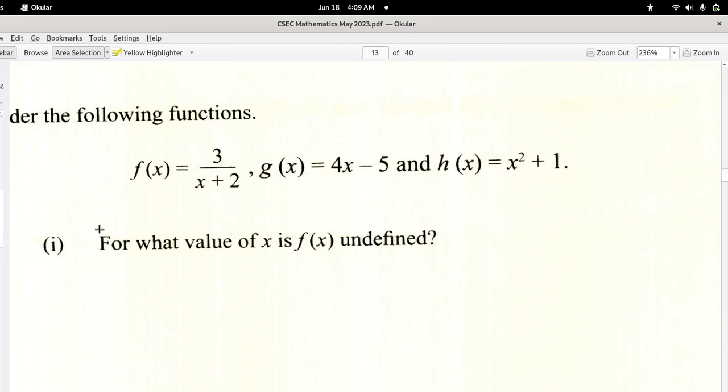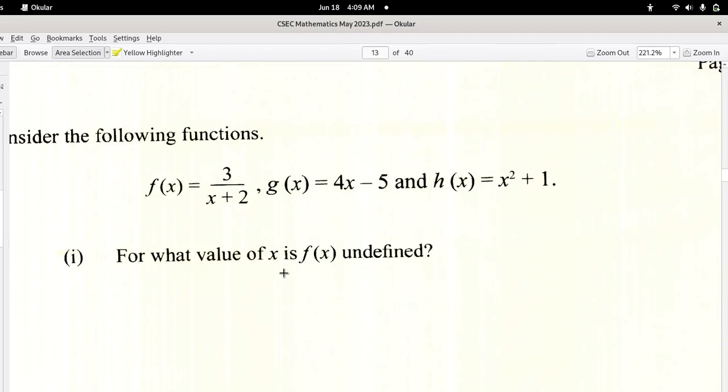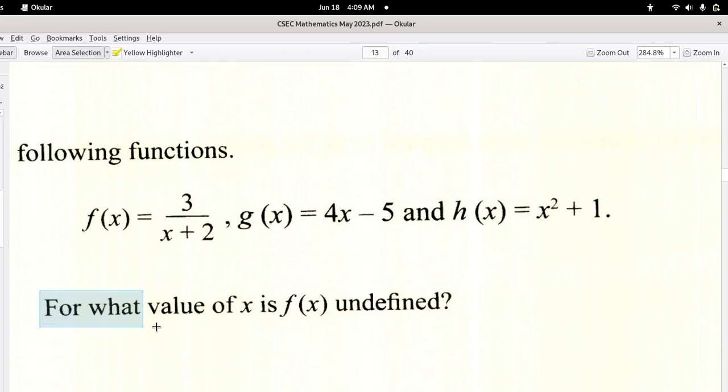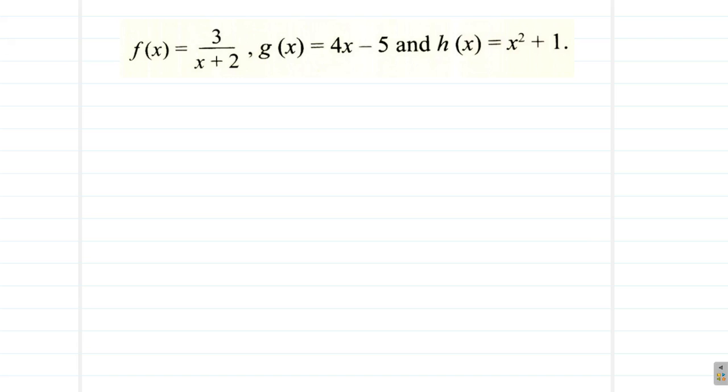Question: for what value of x is f of x undefined? 1 mark for that. Remember, when you talk about being undefined, you really cannot find a valid answer.